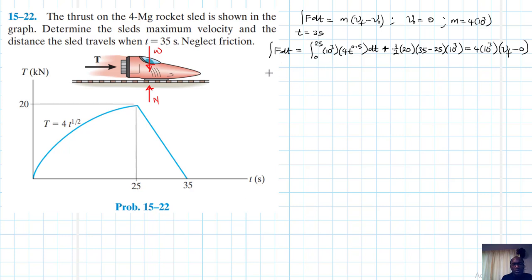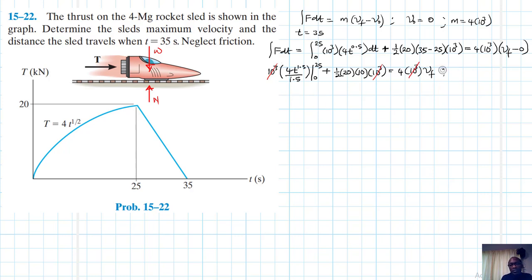We know that this just becomes 10 to the third by 4t to the power 1.5 divided by 1.5, evaluating this from 0 to 25, plus half by 20 by 10 to the third equal to 4 by 10 to the third v final. Right, so of course this can cancel out.